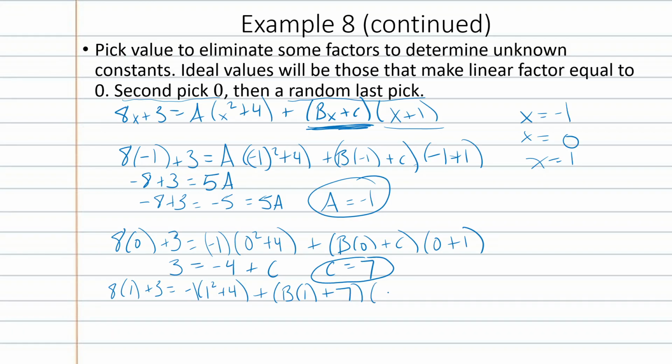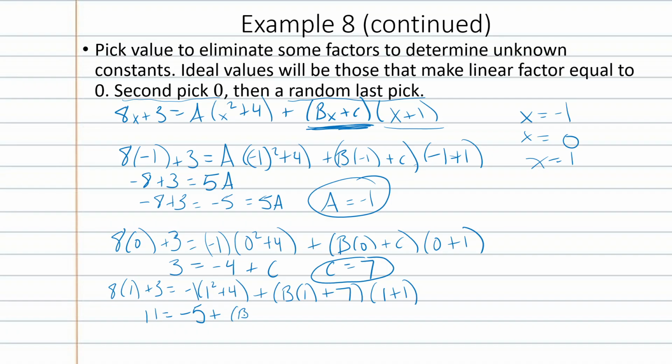And then here I'm going to get 1 plus 1. So plugging that x in. Now let's simplify. 8 times 1 is 8, plus 3 is 11. 1 squared is 1, plus 4 is 5, times negative 1 is negative 5. If you need to take more steps, by all means take more steps. Now here, b times 1 is going to be b plus 7.